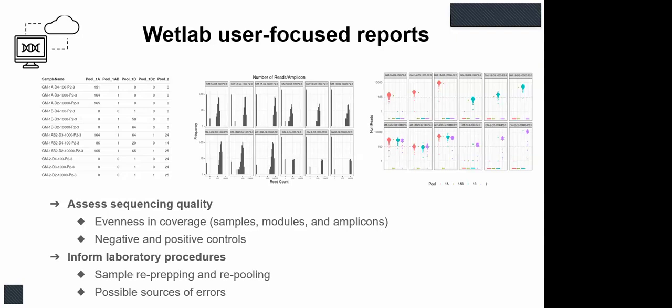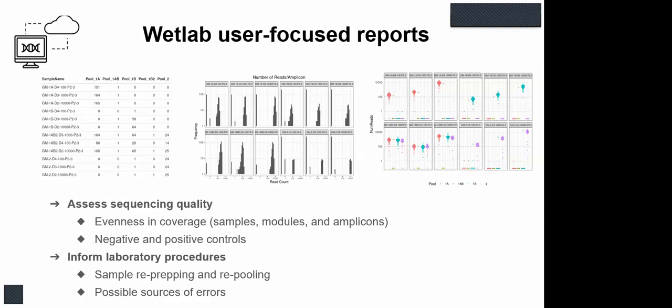So the idea here is that the wet lab can use these reports to make decisions, most especially on sample sequencing, reprepping, and repooling. If a sample is really badly affected, most especially in terms of contamination and all that, we can decide to just do a reprep and start afresh.